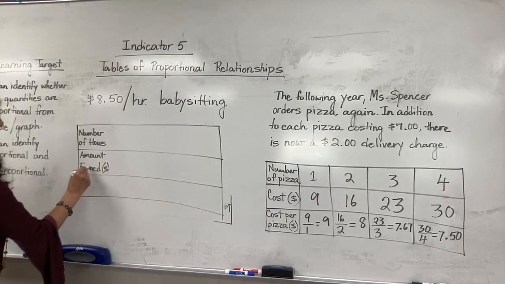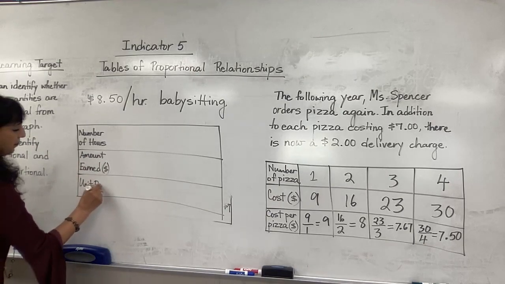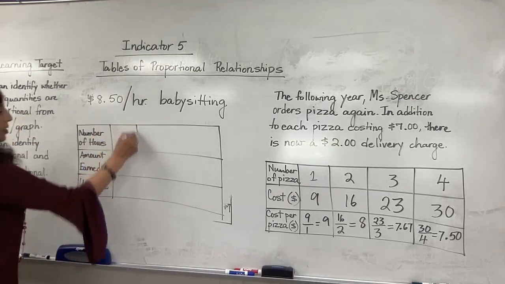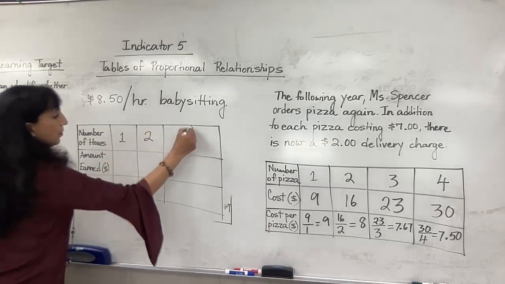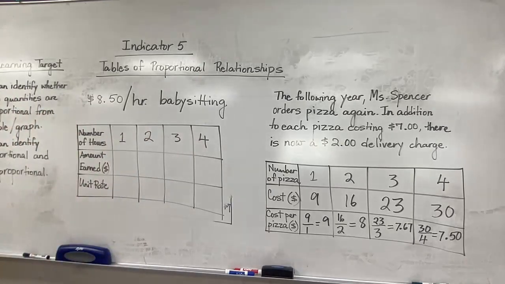And then I'm just going to do the unit cost or the unit rate. So 1, 2, 3, and 4. So we are saying $8.50 in 1 hour.